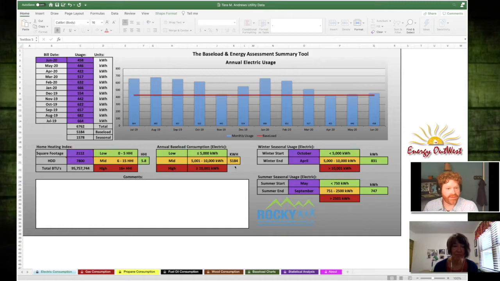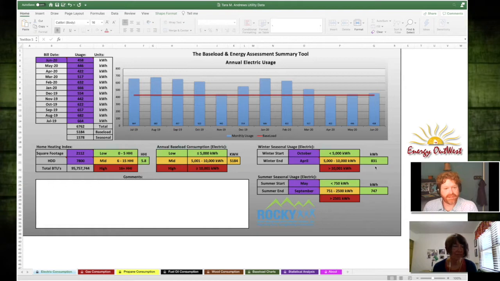When we look over to the winter seasonal usage for electric, we have 831, and that tells me that that's probably the furnace fan that's contributing to that. My assumption in looking at this is that there is no or very, very little electric heat in the building.